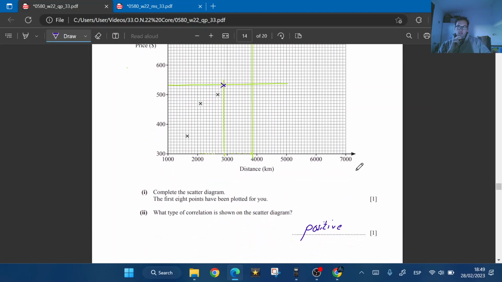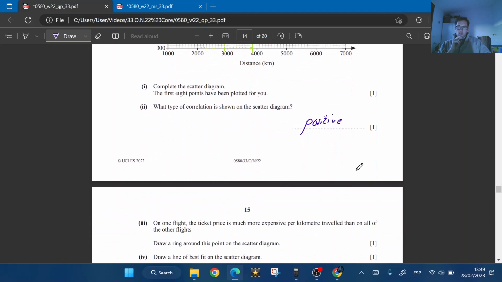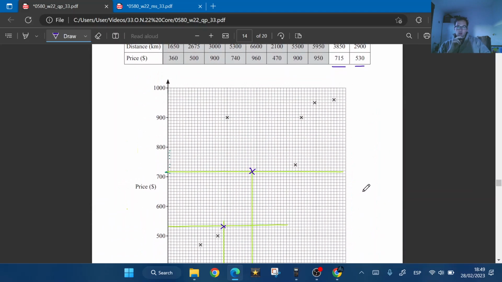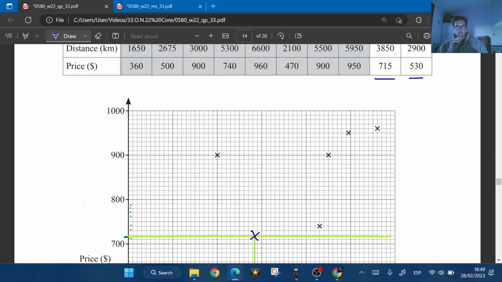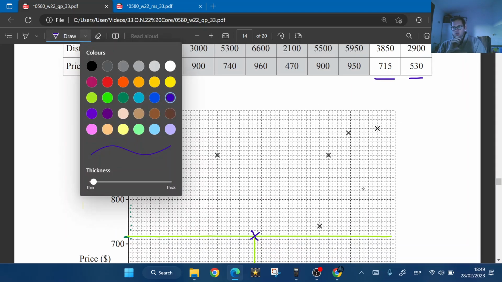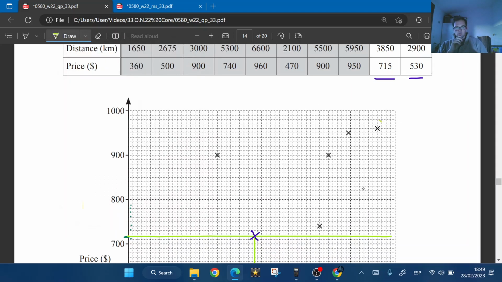Yeah, now the question is which is more expensive per kilometer. Okay, so per kilometer, that's important, because this ticket here is, let's do this in pencil, the most expensive kilometer ticket.